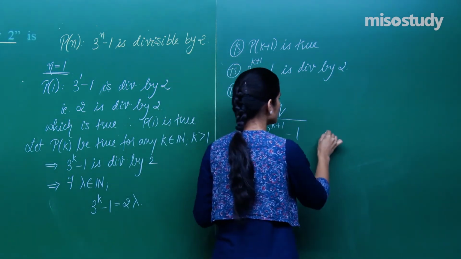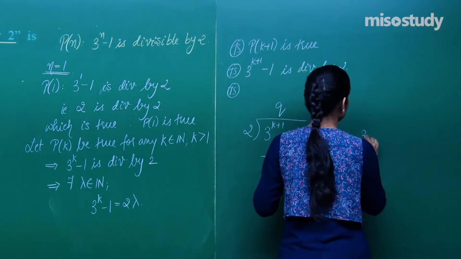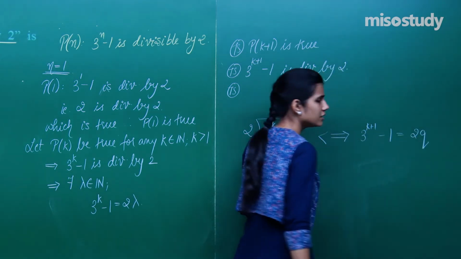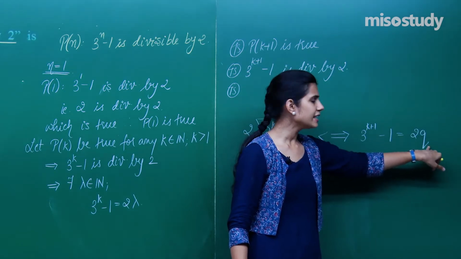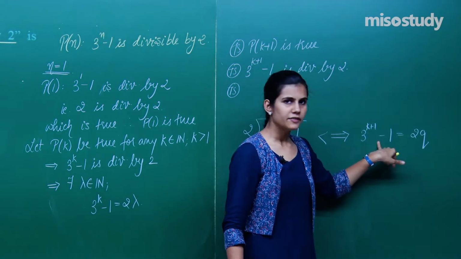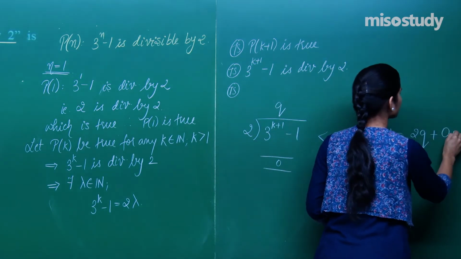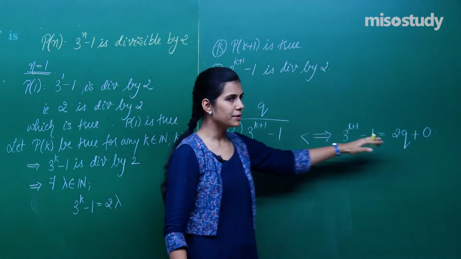Either you show this, or if 3 to the power k plus 1 minus 1 can be written as 2q, this is the dividend, 2 is the divisor, q is the quotient, remainder is 0. This itself would imply this.